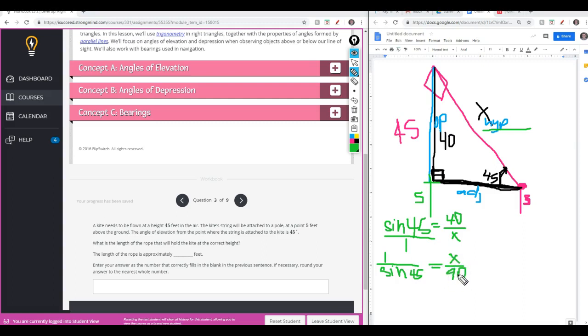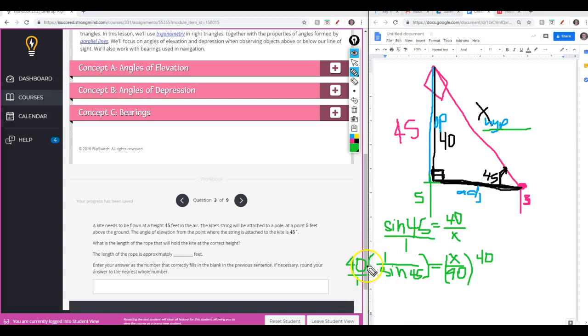Because this is x over 40 now, and x is being divided by 40, and I know how to handle that. I can multiply by 40 to both sides, and remember when you have fractions, the numerator multiplies the numerator, and the denominator multiplies the denominator. So 40 is a number, it can be written as a fraction over 1.